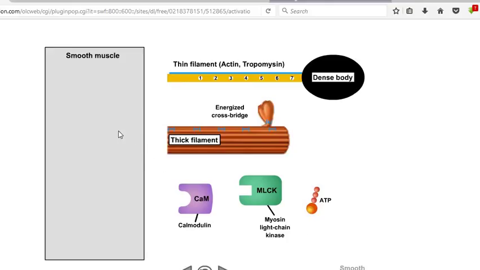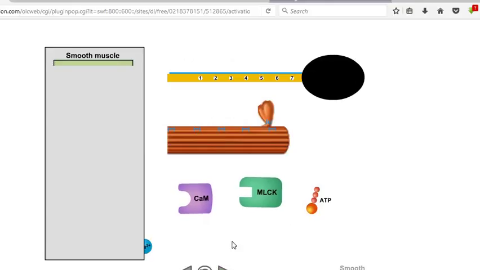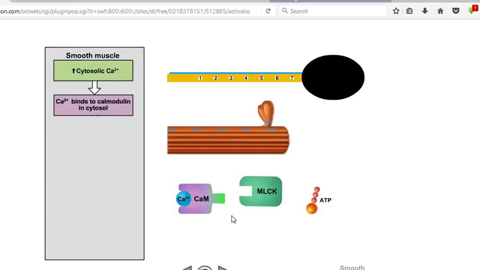So first calcium enters through the L-type calcium channel inside this smooth muscle, and this calcium will stimulate the release of more calcium from the sarcoplasmic reticulum. Due to this calcium-induced calcium release, cytosolic calcium concentration will go up, and this increased cytosolic calcium now will bind to calmodulin, right? Then they form a calcium-calmodulin complex, and the function of this complex is to activate a protein called myosin light chain kinase, or MLCK.